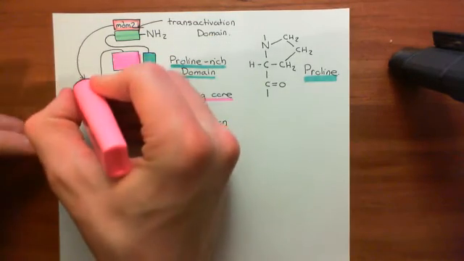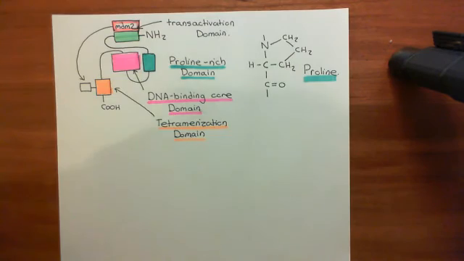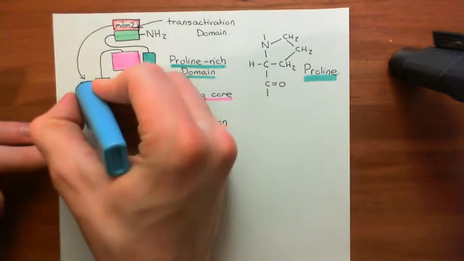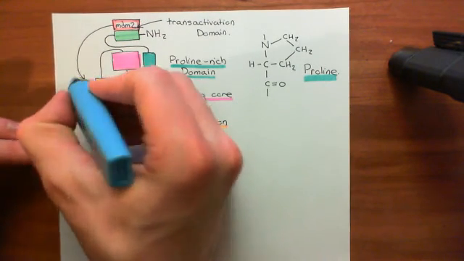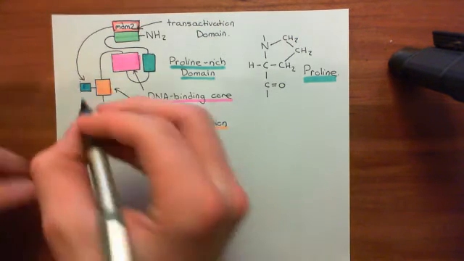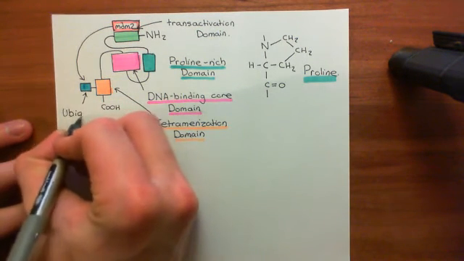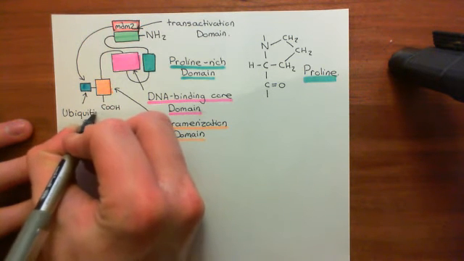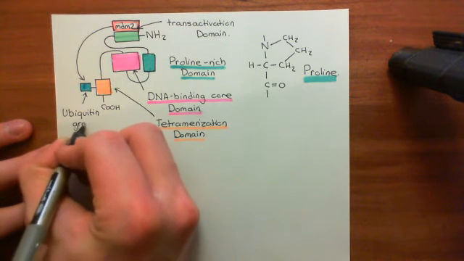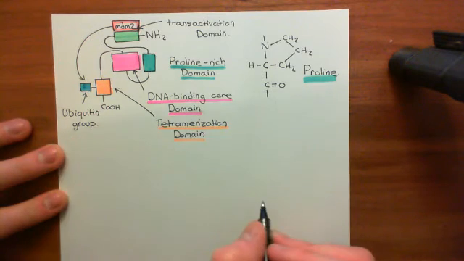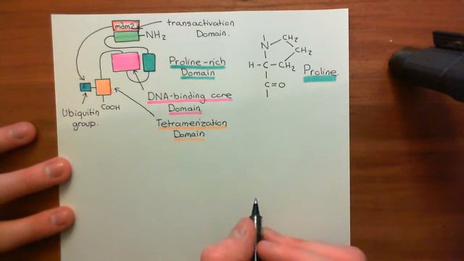We'll have it in blue. So this square group that's been added on to the tetramerization domain is a ubiquitin group. MDM2 is going to catalyze the addition of this ubiquitin group onto the tetramerization domain of p53.